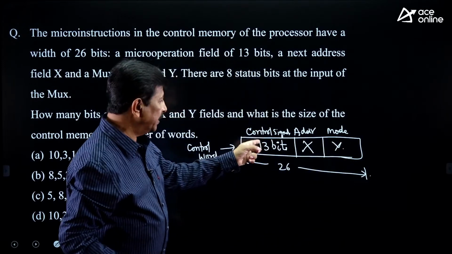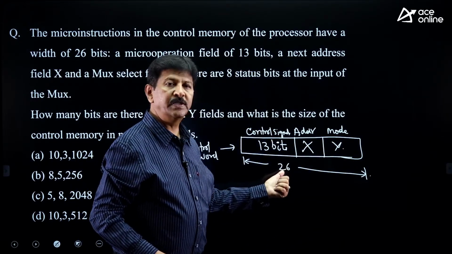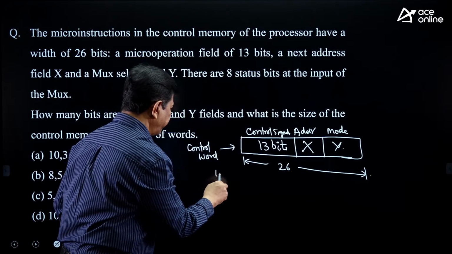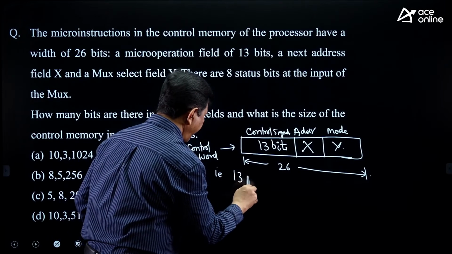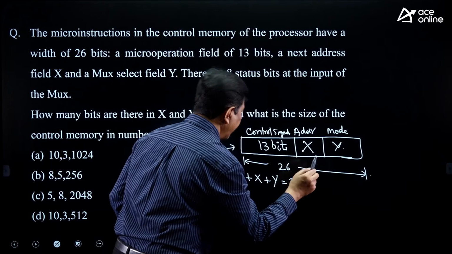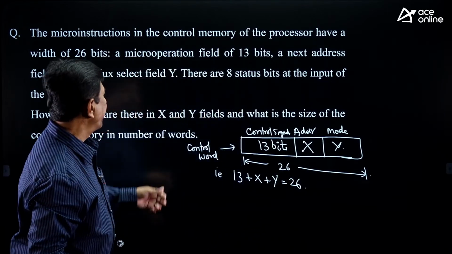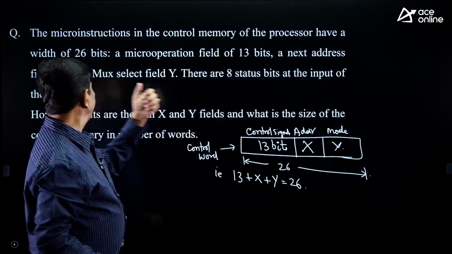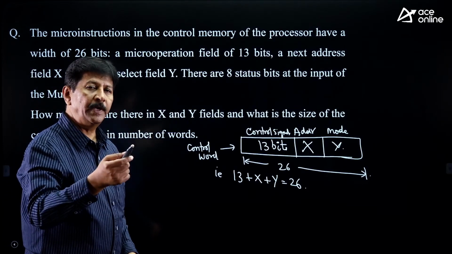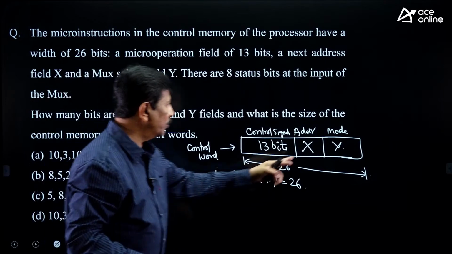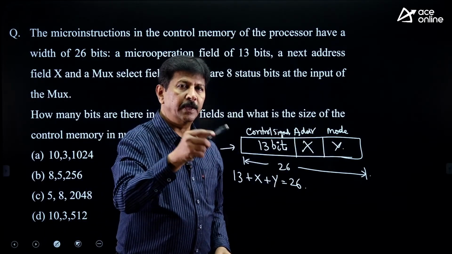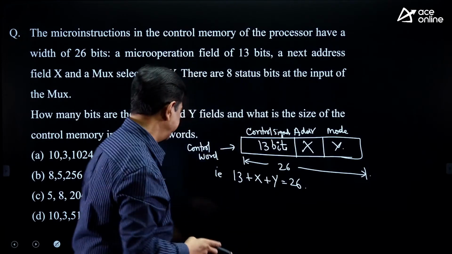That means 13 plus X plus Y equal to 26. Okay, that's what it is. And next, there are 8 status bits at the input of the mux. Remember, based on how many inputs the mux has, the mode bits are going to be selected. As the mux has 8 inputs, the mode must contain 3 bits.